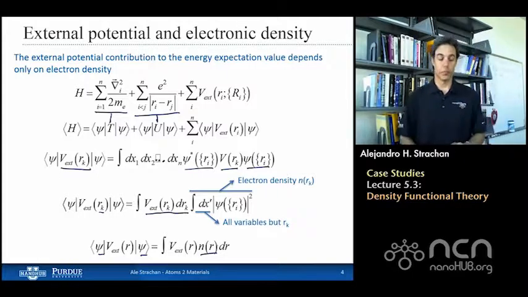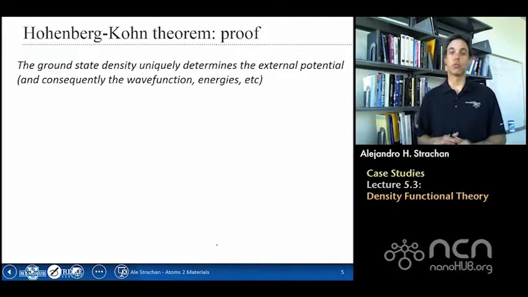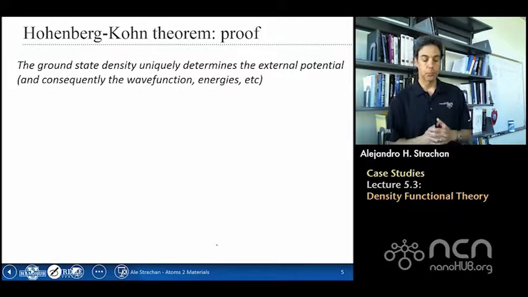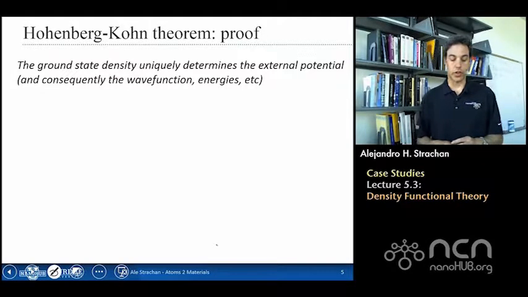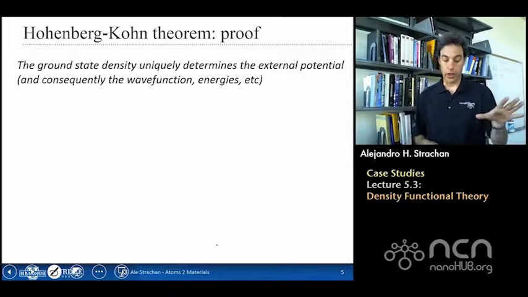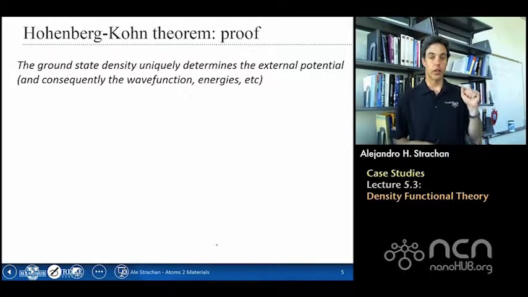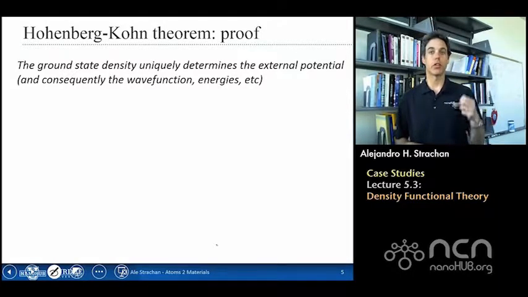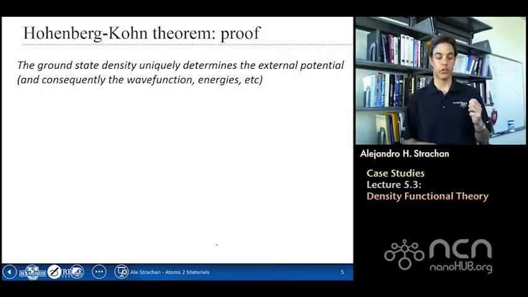Great. Now we're ready to prove and discuss the Hohenberg-Kohn theorem. What the theorem says is that the ground state electron density uniquely determines the external potential of the system.